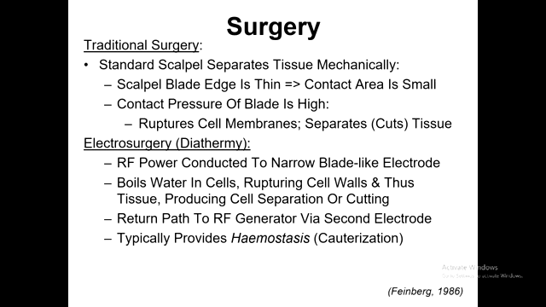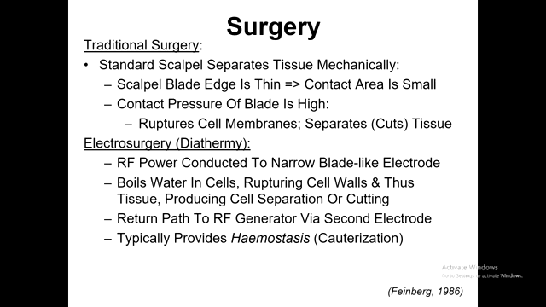So the philosophy is there that you rupture the tissue to form a cut. However, electrosurgery, sometimes called diathermy, in that instance we use RF power into a pencil-type blade that actually boils the tissue, and that provides the separation, the cut.